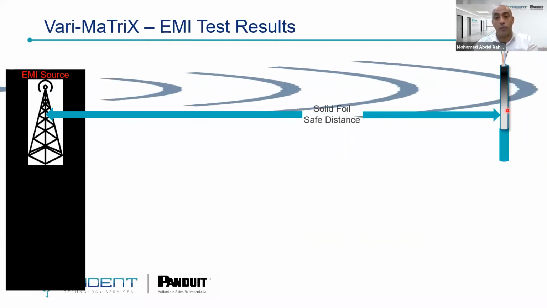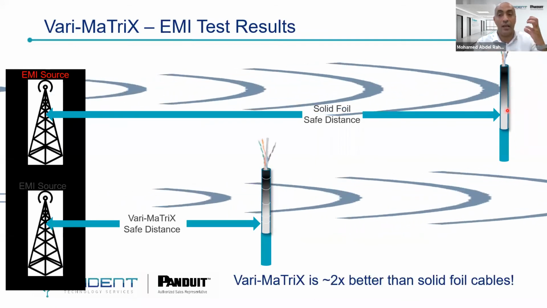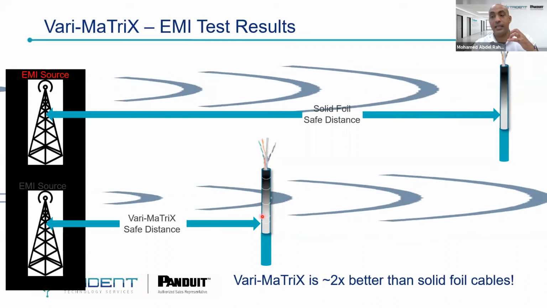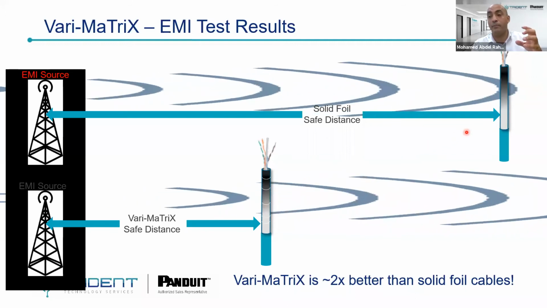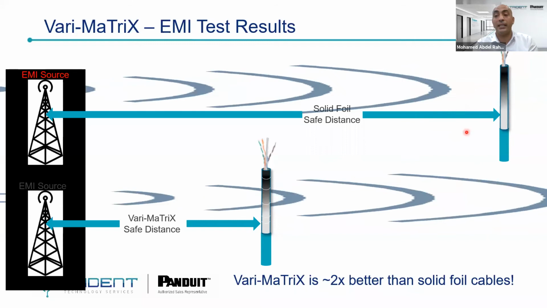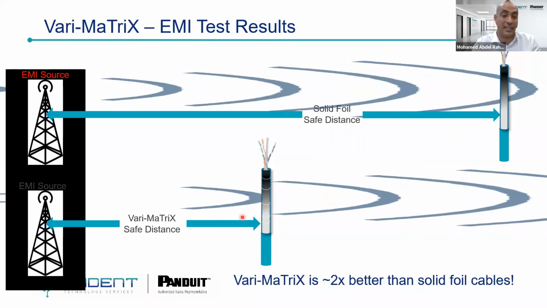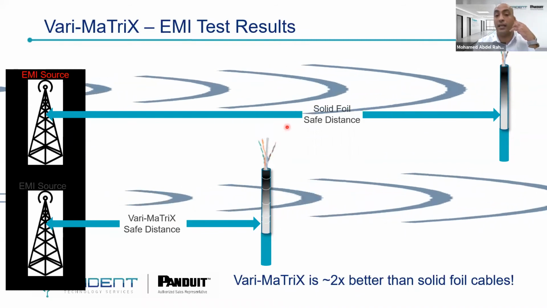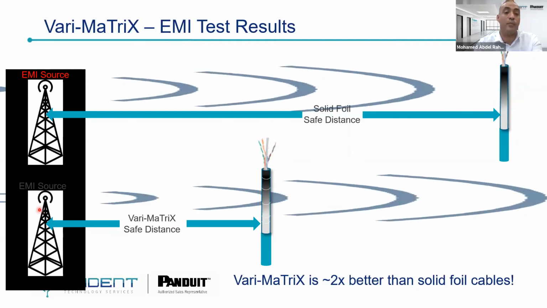A test was performed comparing the solid foil and the Varimetrics cable. They found that the solid foil needs to be placed twice as far from the electromagnetic interference as the Varimetrics cable. The Varimetrics cable needs half the safe distance from the electromagnetic interference.